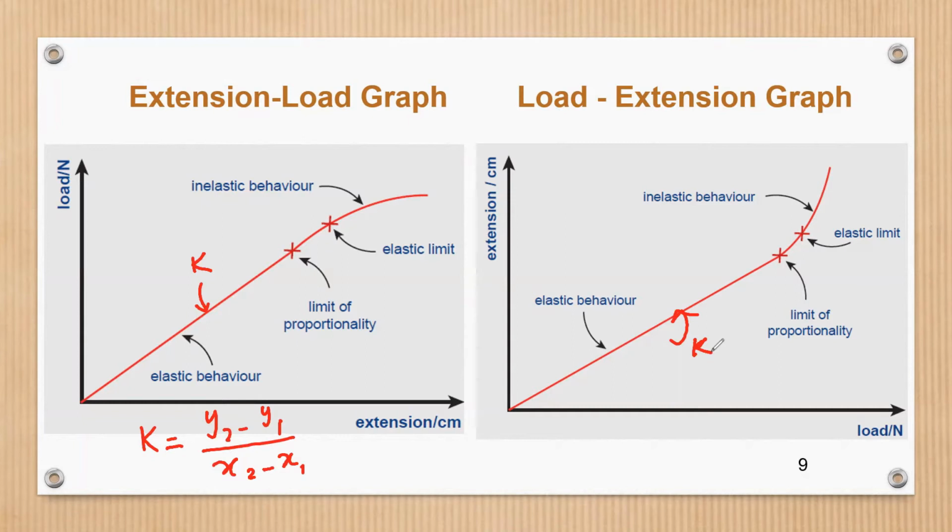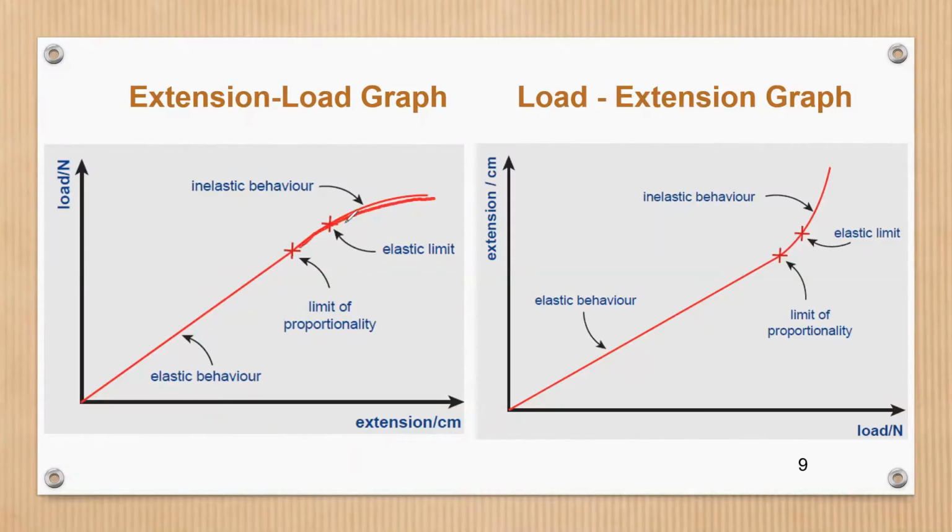So the slope of the graph will be 1 over K. The gradient of the graph can be calculated by using x2 minus x1 over y2 minus y1 to calculate the value of K in newtons per centimeter or in newtons per meter.